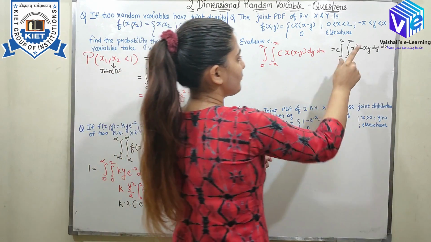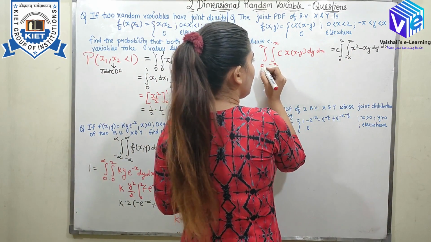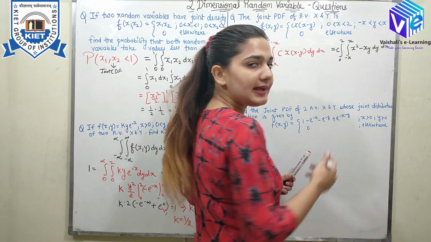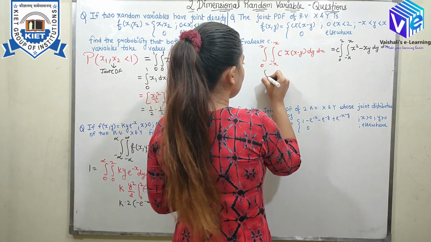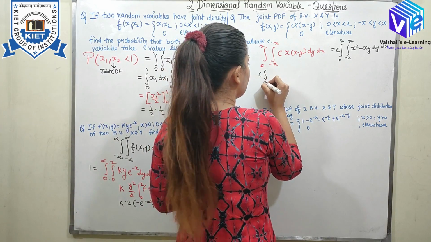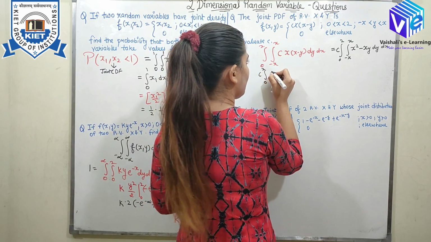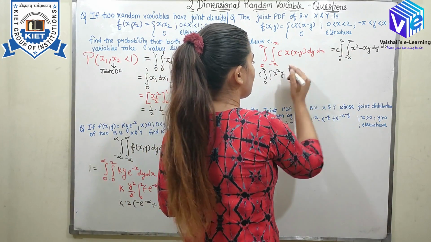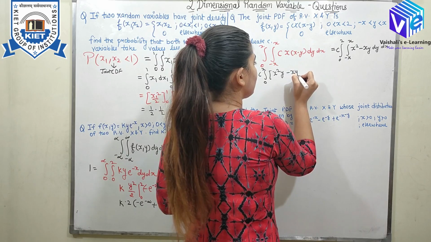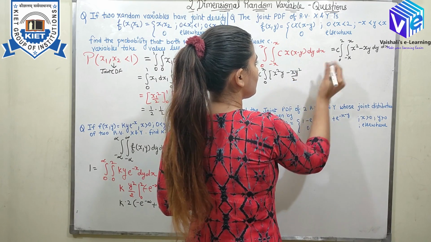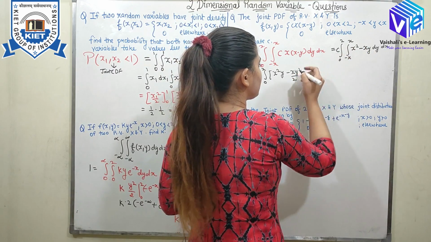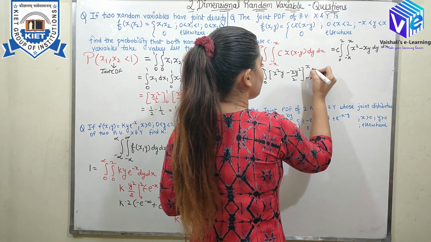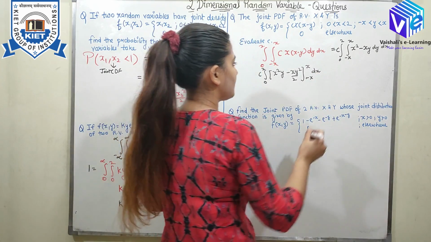Now first I have to integrate with respect to y, and I should take x as a constant here. So it would be equal to c, integral from 0 to 2, and the integration of x square would be x square y because it's just a constant, minus x y square upon 2, since the integration of xy would be x y square upon 2, and the limits are from minus x to x, dx.